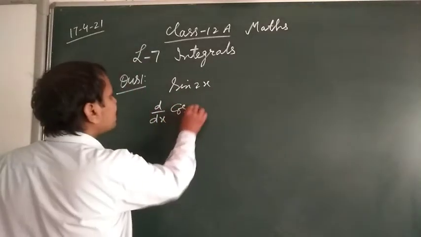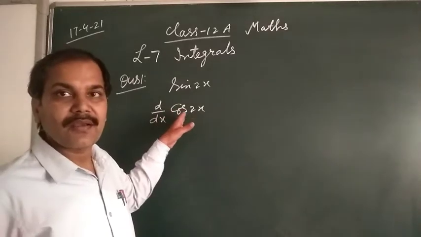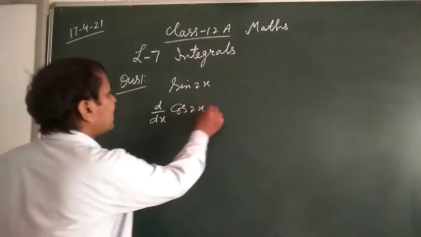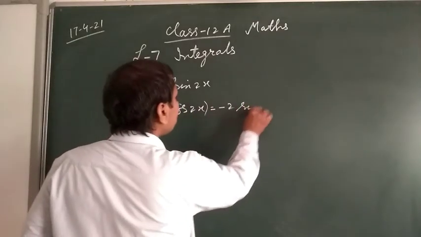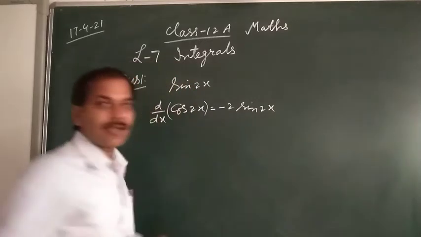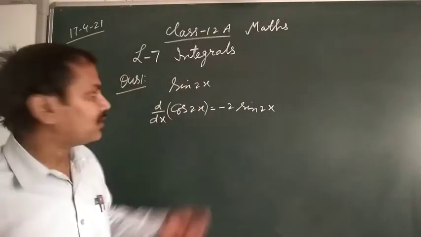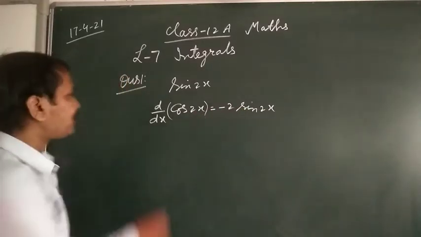So the differentiation of cos 2x will be minus 2 sin 2x. But we have to find the antiderivative of sin 2x only. So except for sin 2x, transfer the remaining factor to the other side.